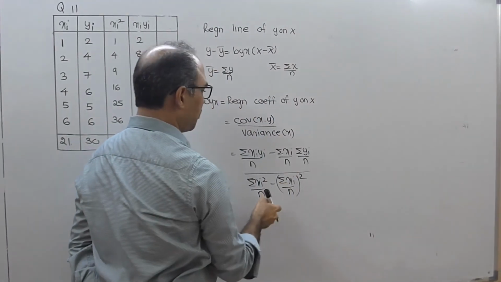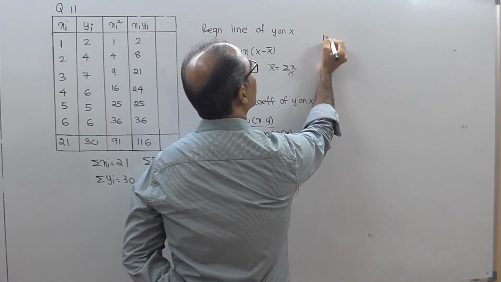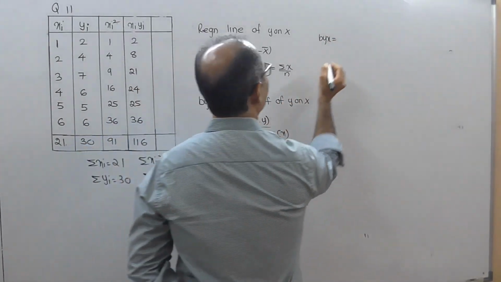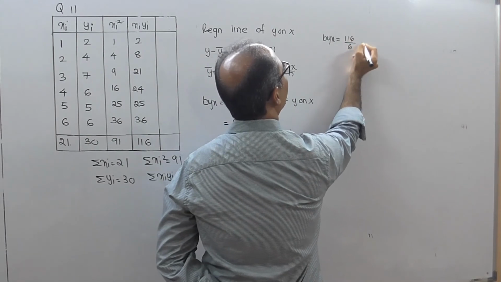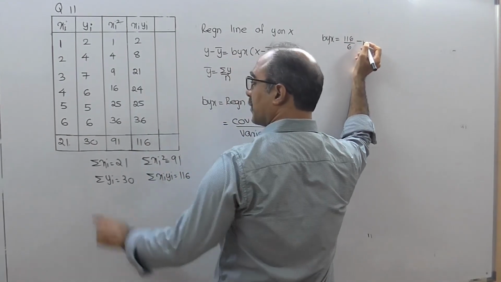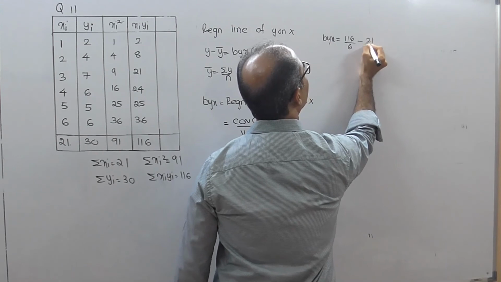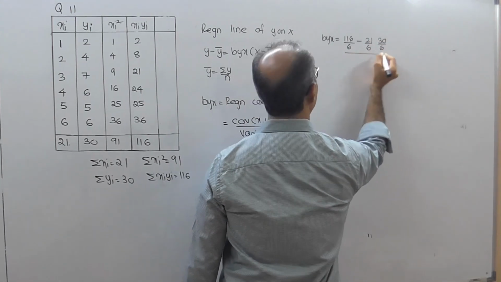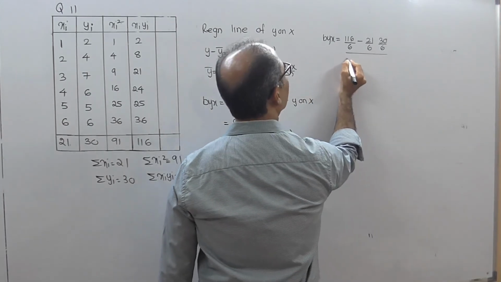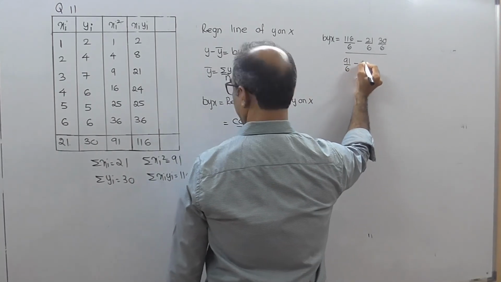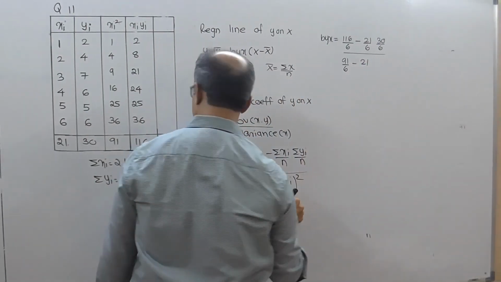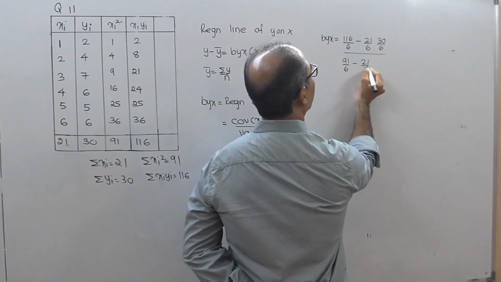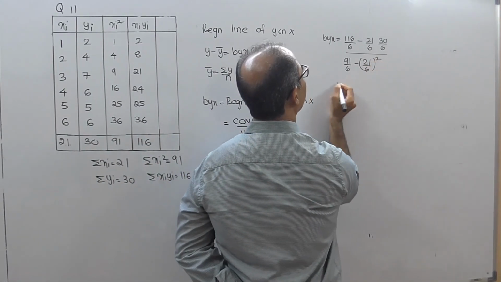Now I've written the formula. Now what do I have to do? I have to substitute all the values. So this is 116 upon 6 minus sigma xi, that is 21 upon 6, times 30 upon 6, the whole upon sigma xi square, 91 upon 6 minus sigma xi upon n, 21 upon 6 the whole square.